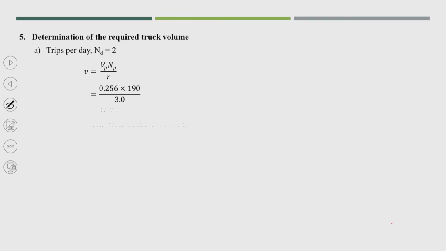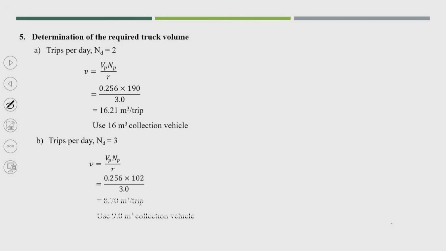So, the vehicle volume is coming out to be 16 meter cube collection vehicle, okay. And for ND3, 8.7 meter cube per trip, we can use a 9 meter cube collection vehicle.